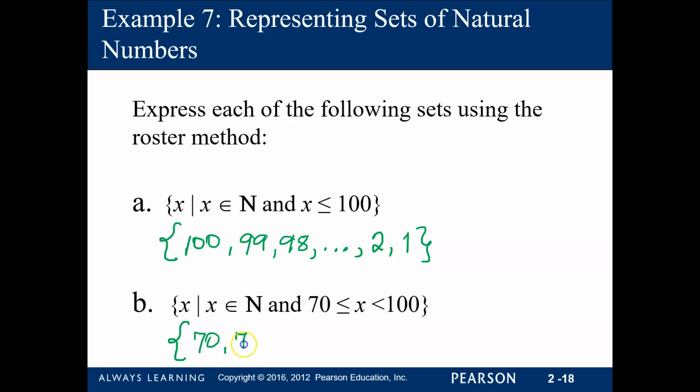So we have 70, 71, 72. Now, this is going to be a long list, even though it's up to 100. So you can use your ellipsis again. We have 98, 99. Do we include 100 in this set? No, because there's no equal to sign here. So we close our set. Okay? So that is very important when you are reading the set builder notation.